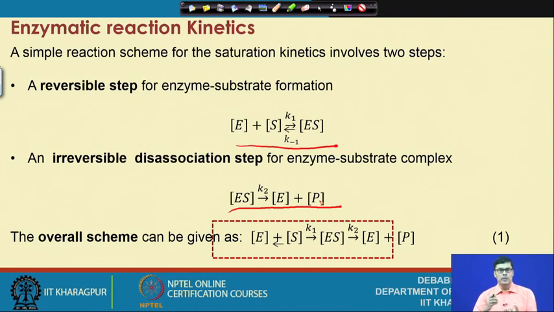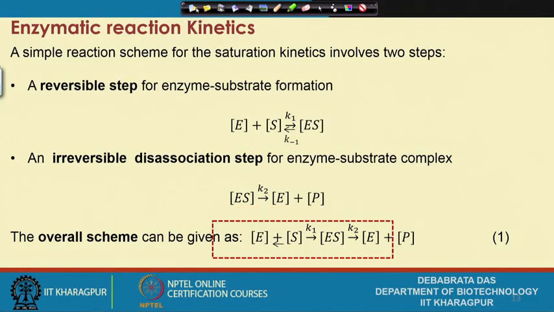Now, what do you mean by that? Suppose when your substrate approaches the active site of the enzyme, it is supposed to sit at the active site. This sitting phenomenon may be like this: some sit properly, some slip. So this phenomenon we consider a reversible phenomenon. It cannot be irreversible.